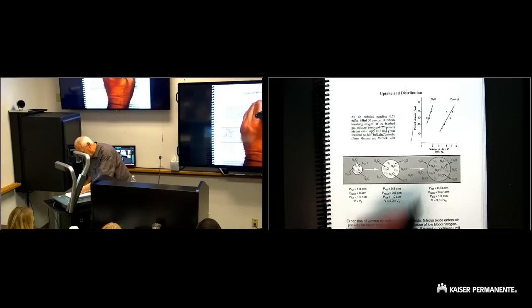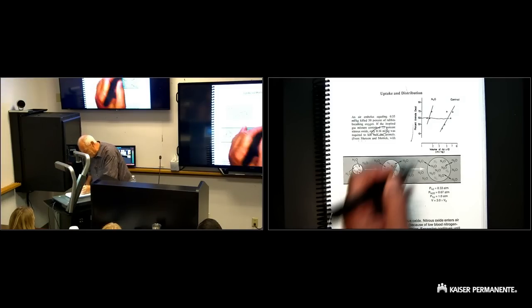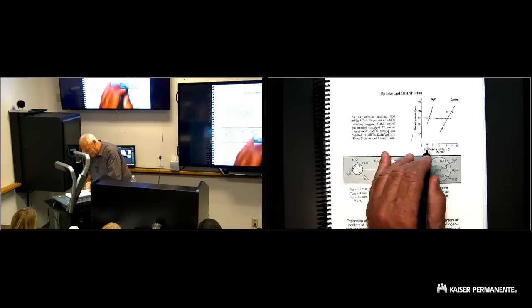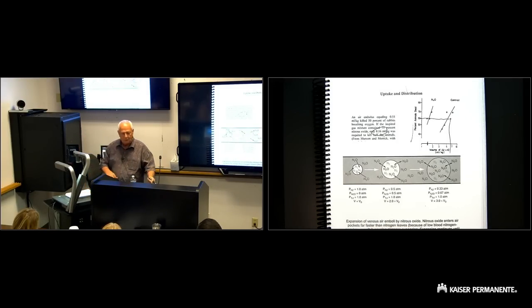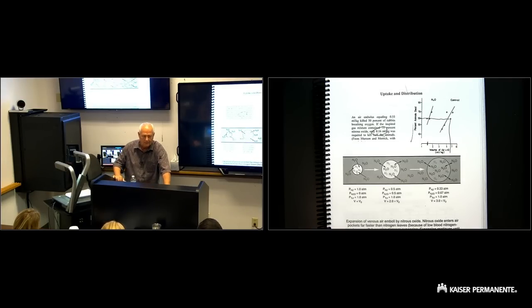50% here. So if you're giving nitrous, you've only got to give 1 point something mL, and if you're not giving nitrous, you had to give 5 point something mLs. You get the point. Nitrous makes the bubble bigger. So if the patient has an air embolism, right off the bat you turn off the nitrous as fast as you can.